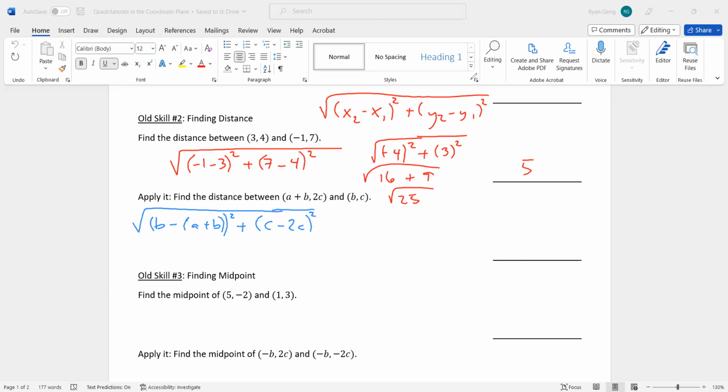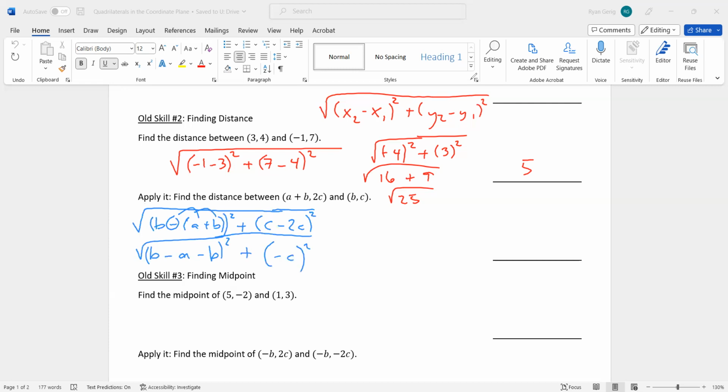Now what happens is I'm going to be distributing this negative into both of these. So it's actually going to be b minus a minus b squared plus c minus 2c is -c squared.